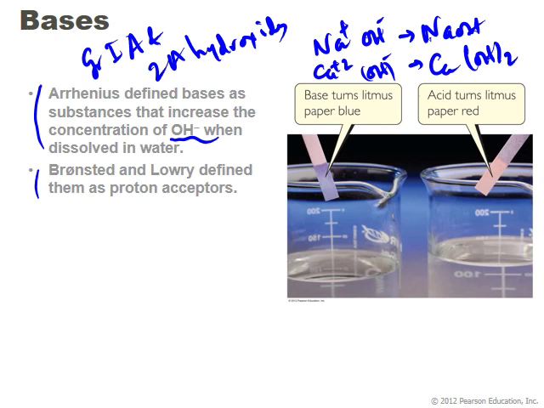Bronsted-Lowry's definition is slightly different. According to Bronsted-Lowry definition, a base is proton acceptor. Proton means H+ acceptor, just like acid is H+ donor. Now, how does it accept H+? If I have OH-, OH- will be attracted to H+, because they can combine and make H2O. So either way, you'd find that OH- would be a base.